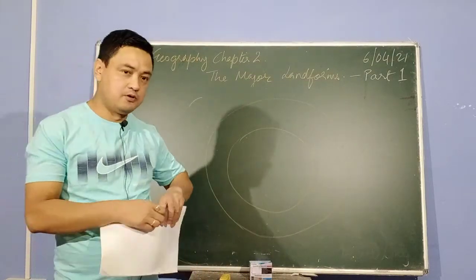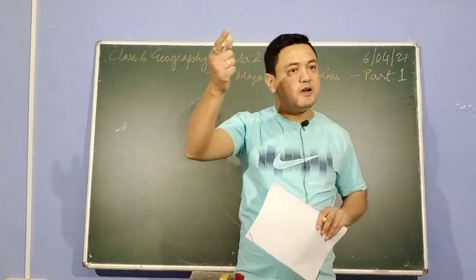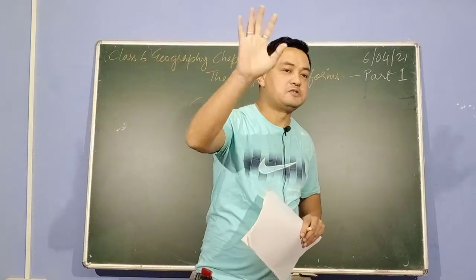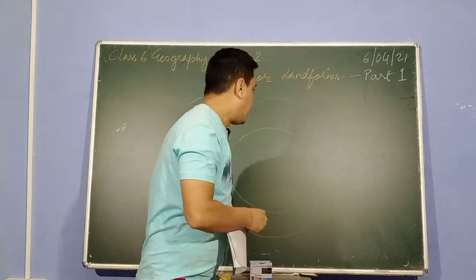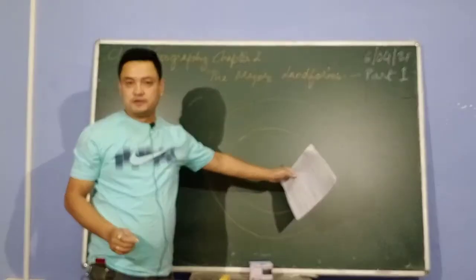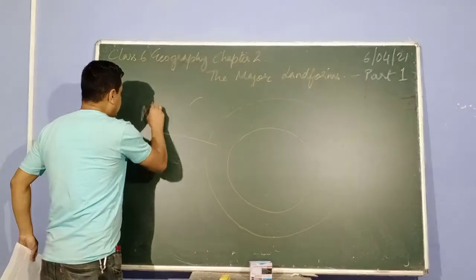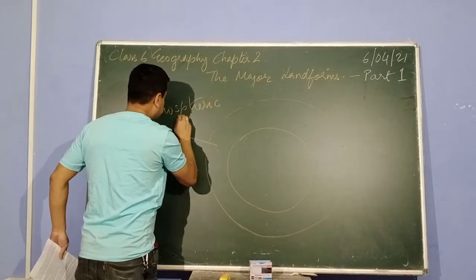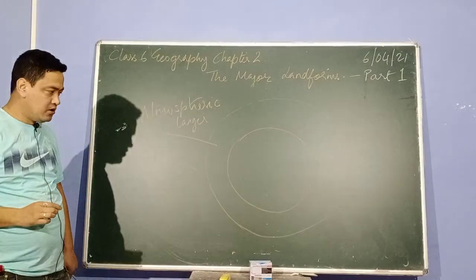So how many did I tell? Troposphere, stratosphere, mesosphere, thermosphere and exosphere. These 5 layers of the atmosphere, which basically surround our earth, are called atmospheric layers. Are you understanding?